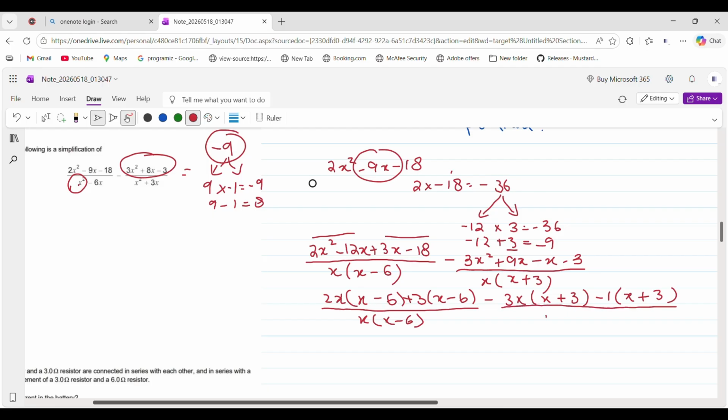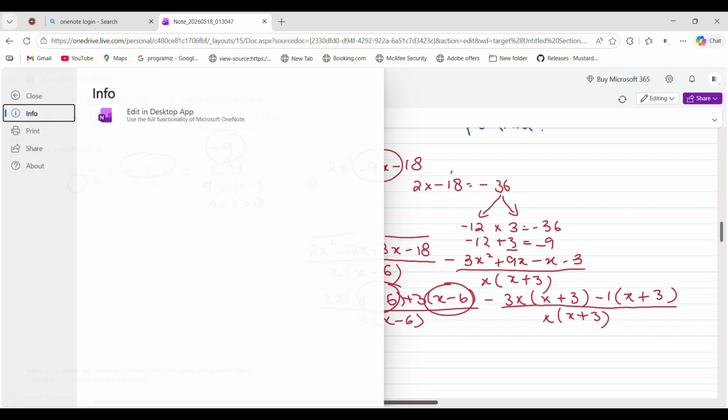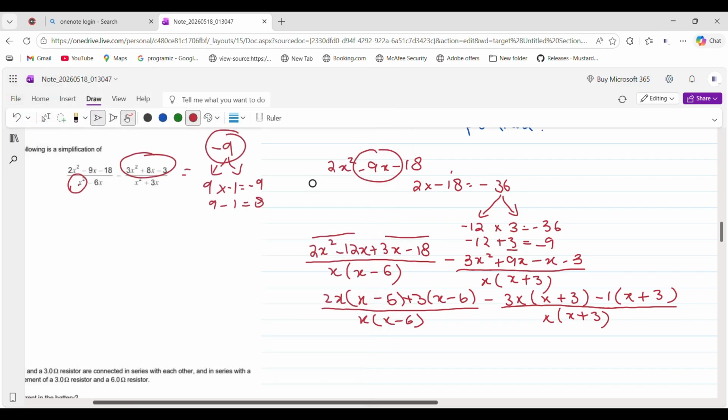In division, x into x plus 3. Now see what I can write: x minus 3 and x minus 3, these both are common, right? So I can write it a single time. So x minus 6, and what is left is 2x plus 3, right? So 2x plus 3 divided by x into x minus 6.